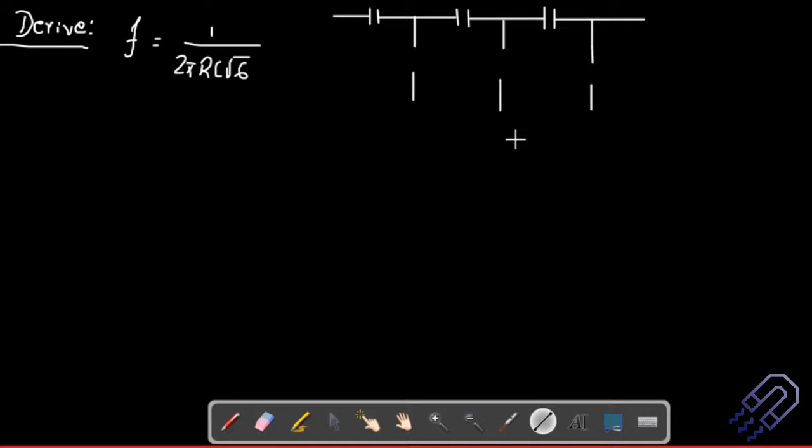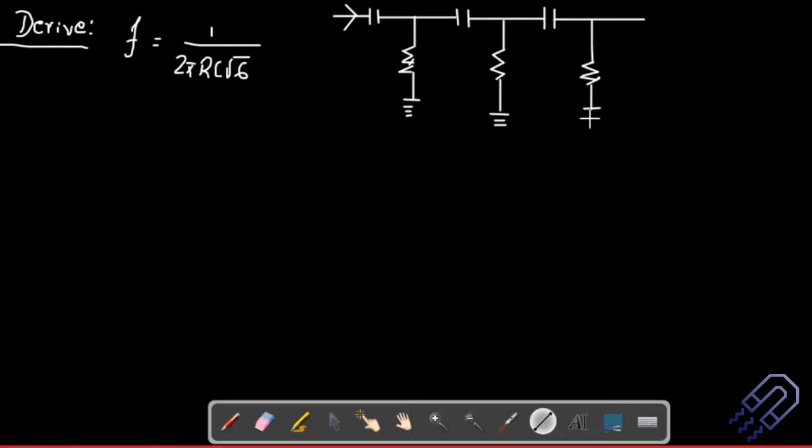So let me just mark some important points here. This is your resistor, and this is the output. Then we have this, and one more like this.